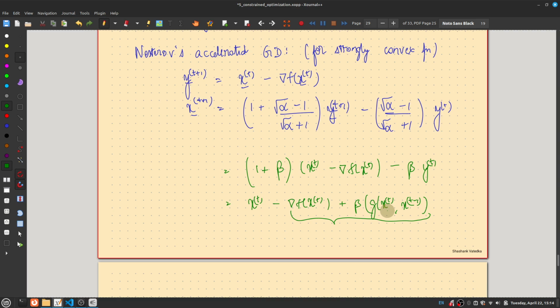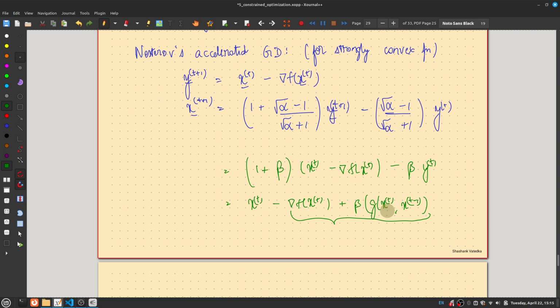It is possible that in some steps the objective function will increase, but overall the objective function will decrease. The overall trend is that the objective function keeps decreasing, but from the current iteration to the next iteration you're not guaranteed that the objective function will decrease.